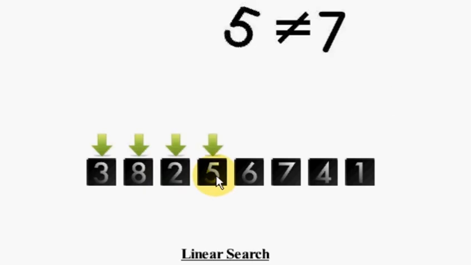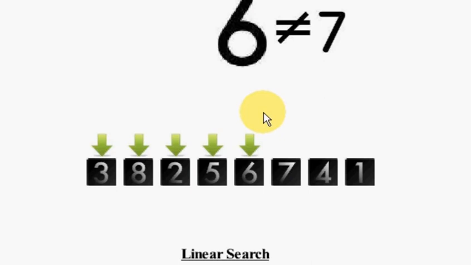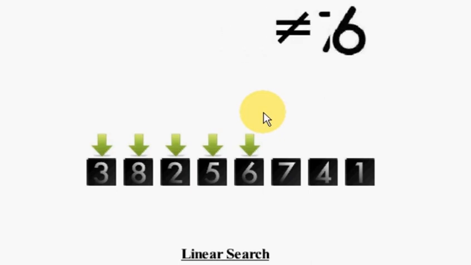Again 5 is not equal to 7, so we remove it. This process continues until you find the search element or reach the end of the array. So now with 6, again it's not equal to 7, so we will remove the 6. Now comes the seventh element.